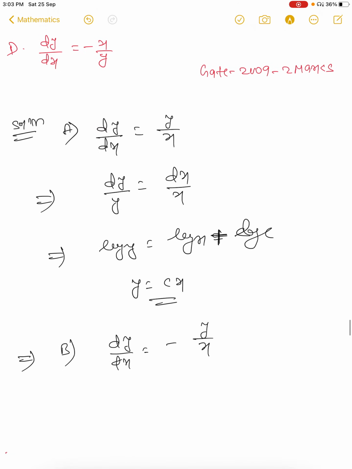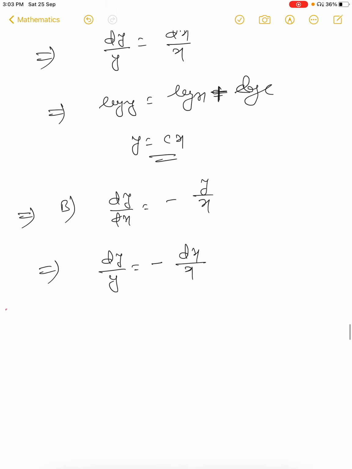Same thing: dy by y is equal to minus dx by x.